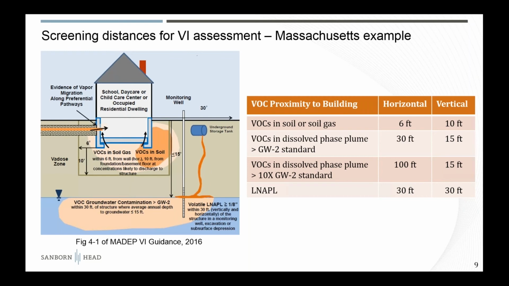And the screening distances also go hand in hand with concentration screening values, which is shown on this slide as an example of the VI residential screening values for TCE. Again, the new MOA states are listed here along with US EPA's value. And you scan your eyes across this table and you can see for different media we're looking at orders of magnitude difference in what the screening values are.